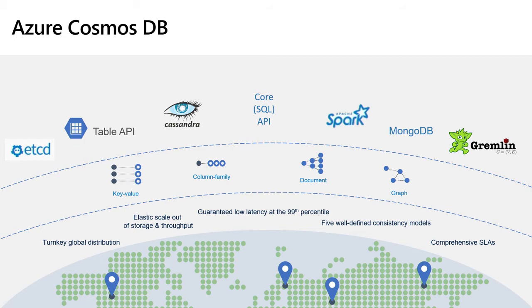Number three, it's a multi-model database, which means we support key value, column family, document, and graph. And on top of this, we have different APIs to access the data. Today, all the best practices that we share are going to be on the core SQL API that Cosmos DB provides. And the majority of the implementations that we run into with our customers are implementations on core SQL API.